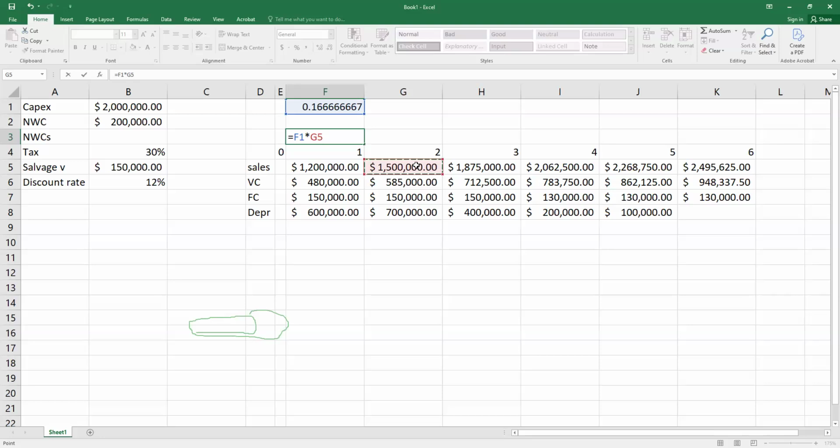It should be adjusted to the previous net working capital, which is minus 200,000. That's what you get, 50,000. Did you all get the same?